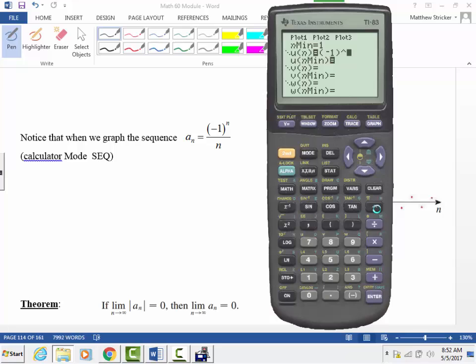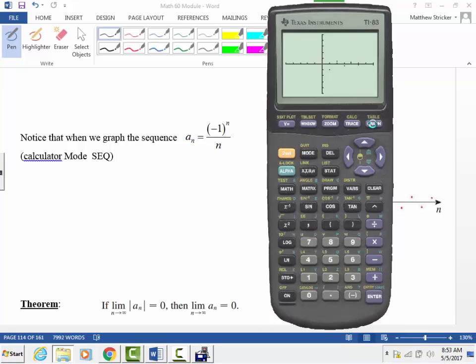And notice when you push the X button, notice what it gives now. Not an X, not a T, not a theta, but it gives you an n. Because we're defining sequences now in terms of n. And then we want to divide that by n.